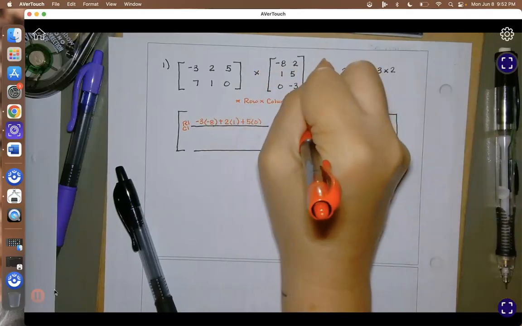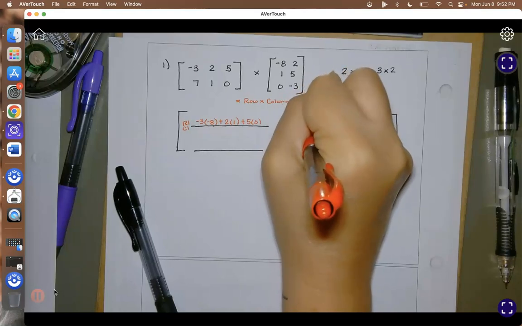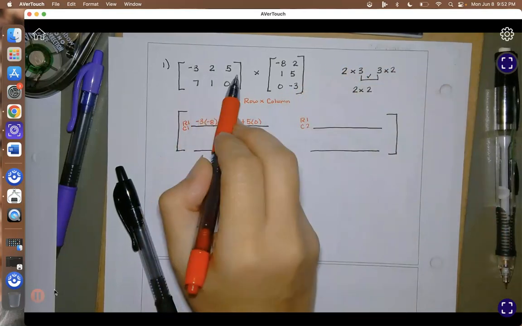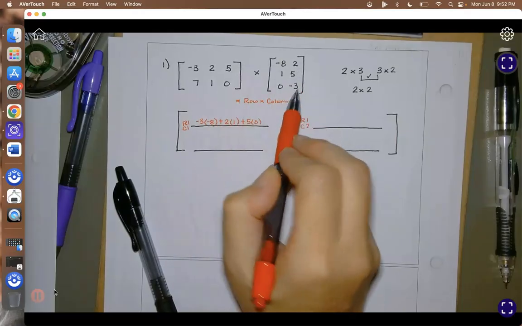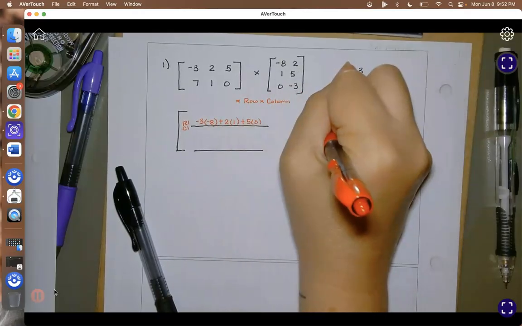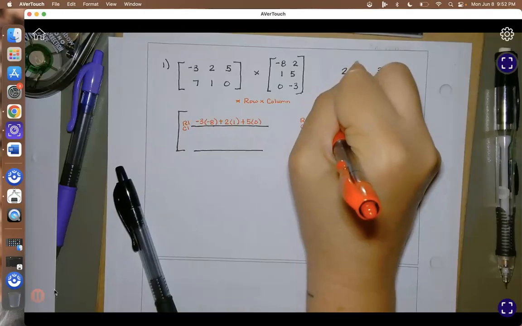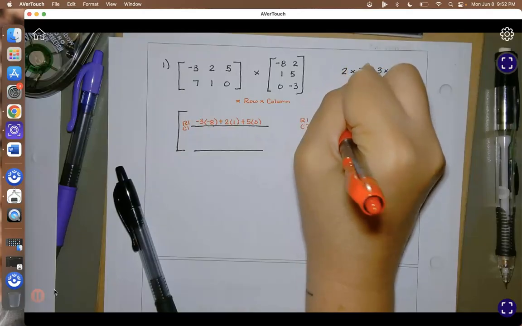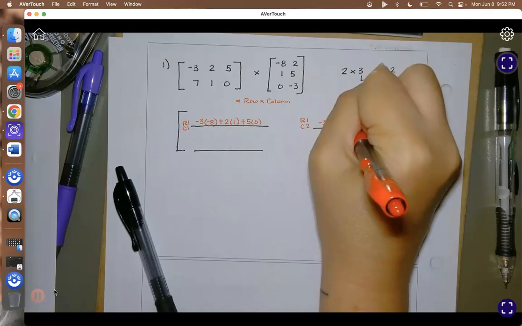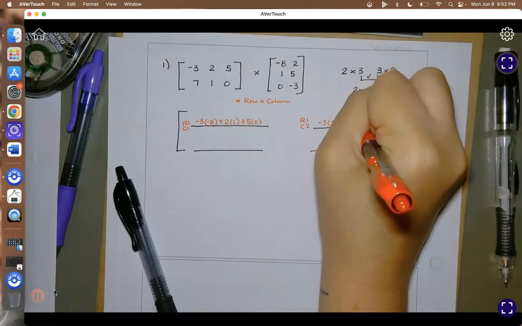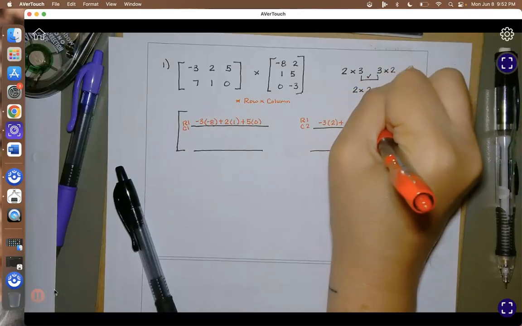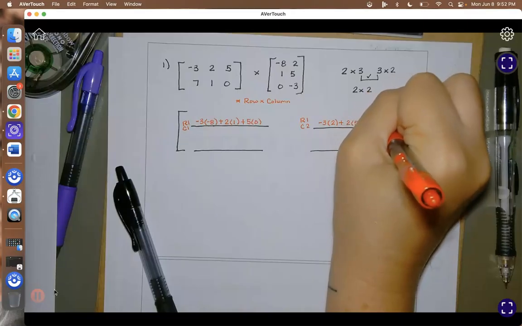Now this one is row 1, column 2. So you take row 1 and multiply it times column 2. So we do -3 times 2 plus 2 times 5 plus 5 times -3.